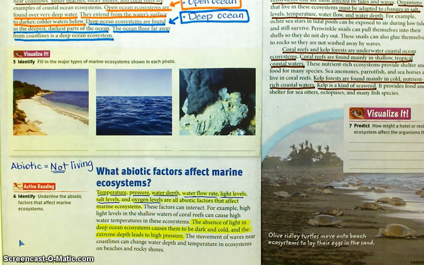Those are all abiotic, non-living factors that affect marine ecosystems. And I wanted to point out that in deep ocean ecosystems, there is basically no light whatsoever. It's pitch dark. The absence of light in deep ocean ecosystems causes them to be dark and cold, and the extreme depths lead to high pressure.